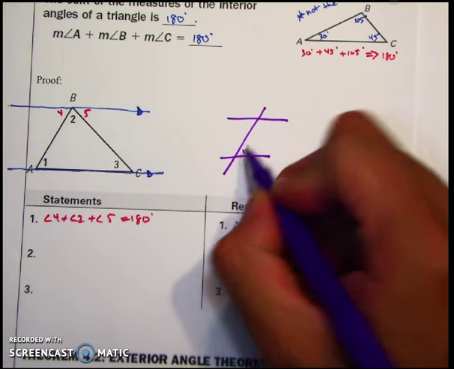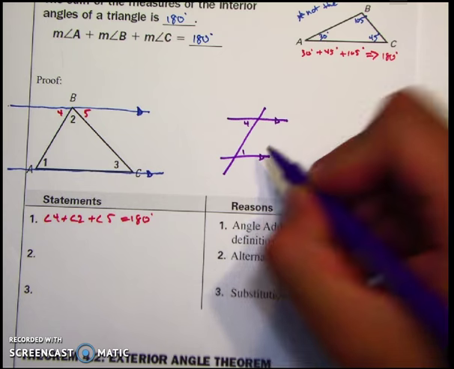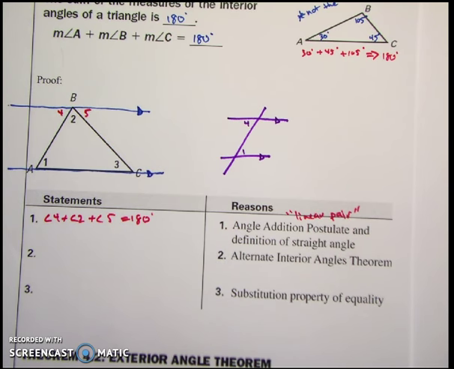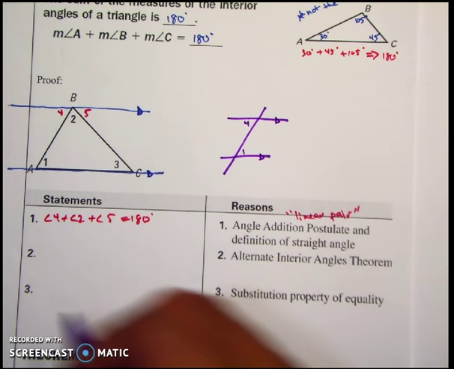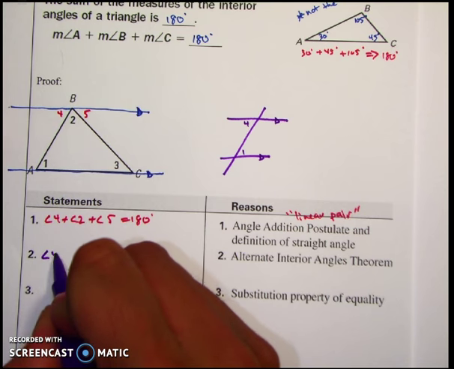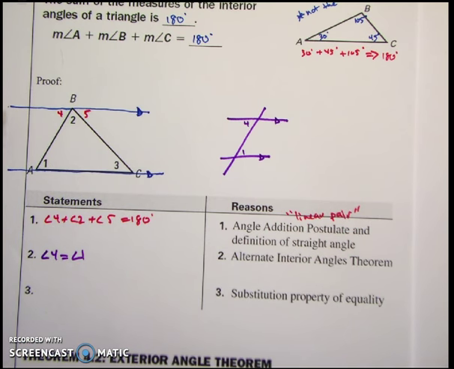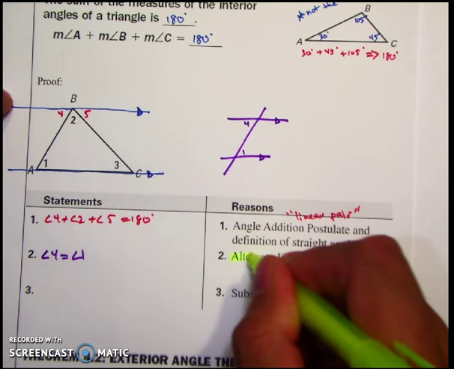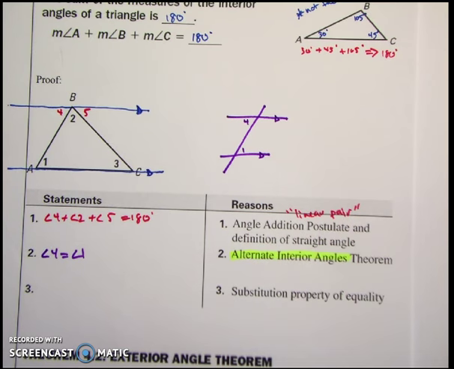Here we have angle 1, and here we have angle 4. Do you remember that? So you should recognize that angle 1 and angle 4 are the same, because of alternate interior angles. Remember, that's only happening because these two lines are parallel.